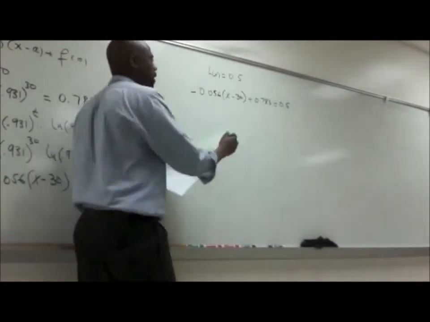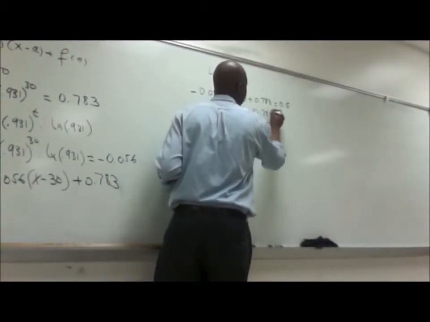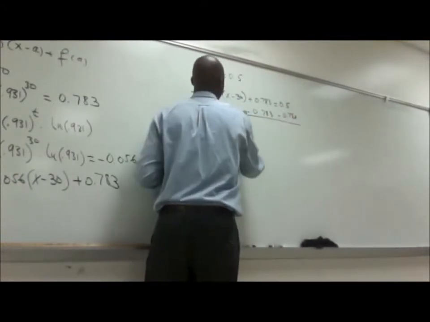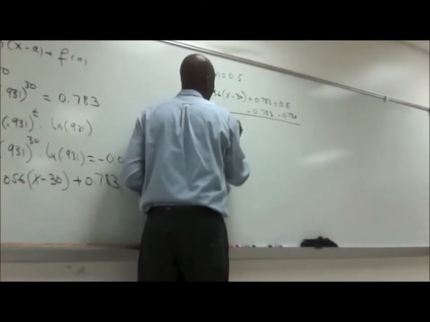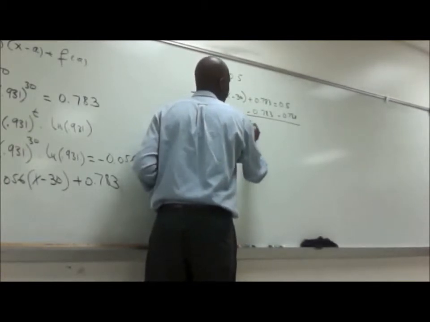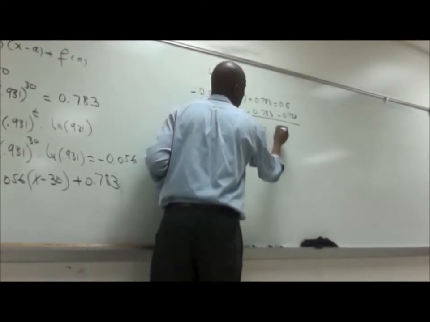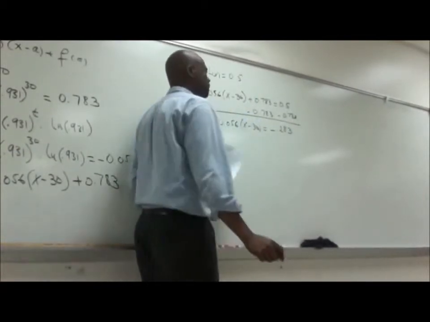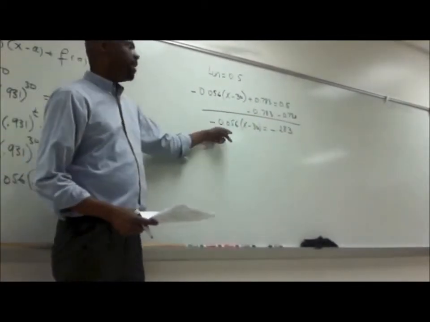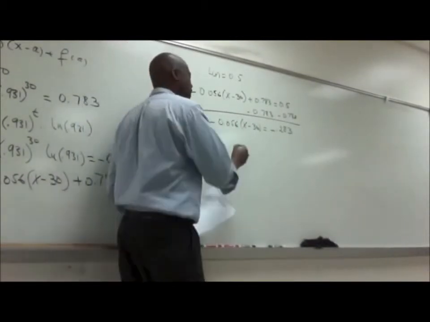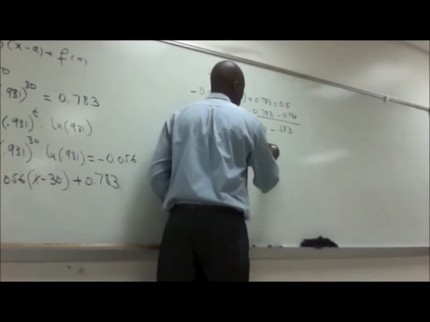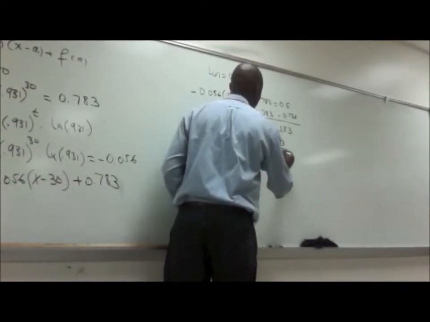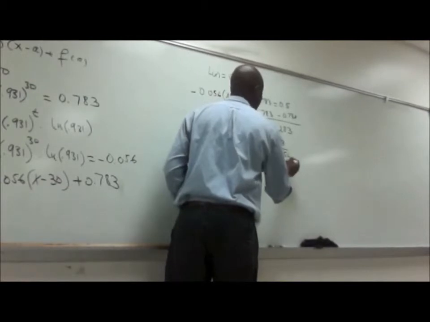Subtract 0.783, so negative 0.056 times x minus 30 equals negative 0.283. Divide by negative 0.056, so x minus 30 equals negative 0.283 over negative 0.056.